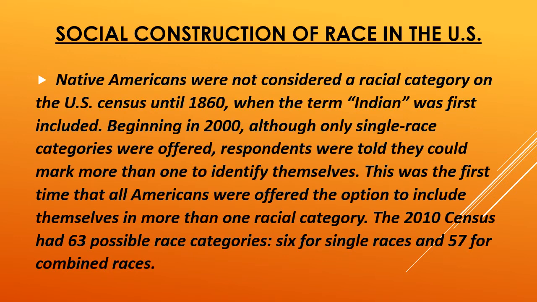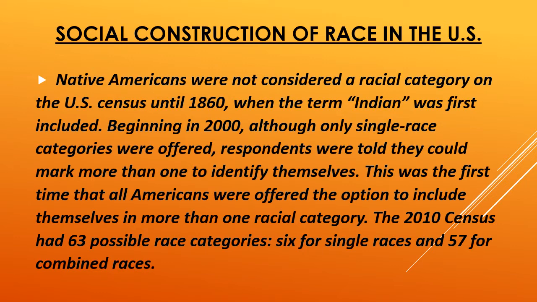So Native Americans were not even considered a racial category on the U.S. Census until 1860, when the term "Indian" was first included. Beginning in the year 2000, although only single race categories were offered, respondents were told they could mark more than one race to identify themselves.